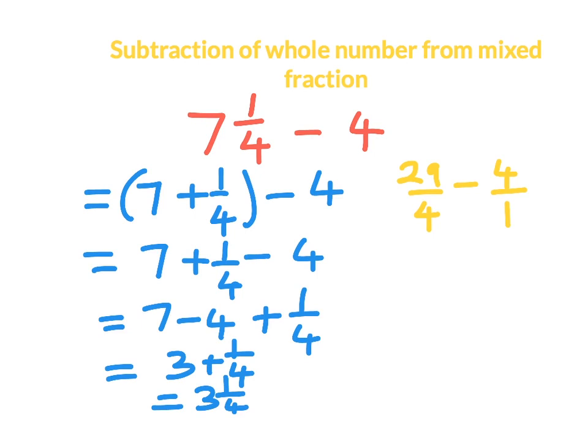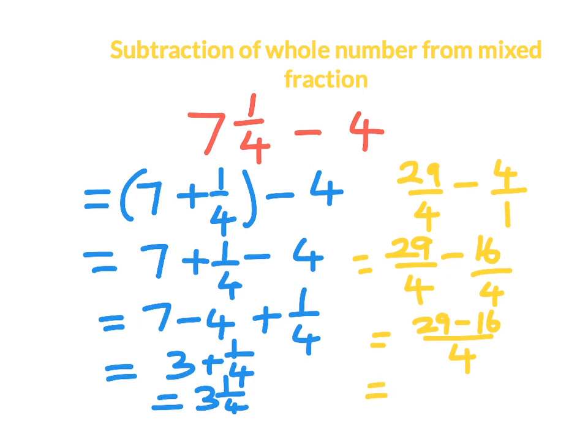So we're going to multiply 4/1 by 4. So that's going to be 29/4 minus 4 times 4 is 16, 1 times 4 is 4, and that gives us 16/4. So 29 minus 16, 16 from 29 gives us 13.